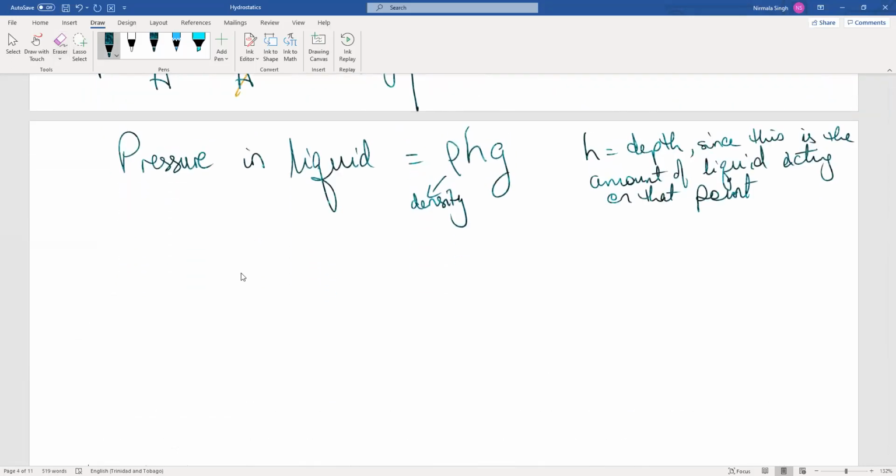We have been given a box completely filled with a liquid of density rho. In this box, we know the base area of the box, and we know the height of the box, so we know how much liquid it is completely filled with. And on the side, g is always 10 at our level at CSEC.